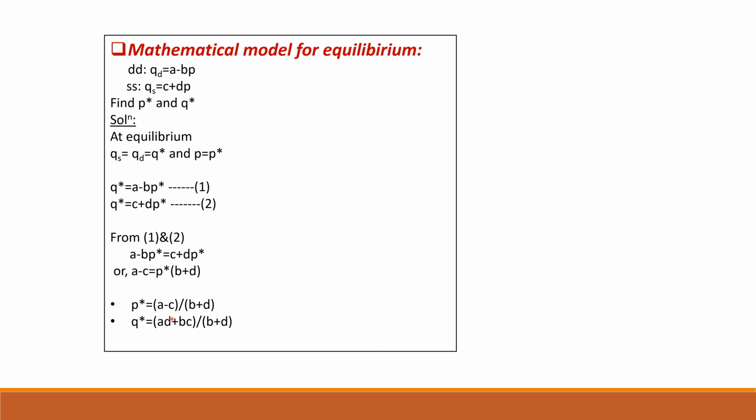Here P star is (A minus C) by (B plus D) and Q star is (AD plus BC) by (B plus D). This is the exact equilibrium price and quantity. So now we know the equilibrium price and equilibrium quantity, and how the market balances.